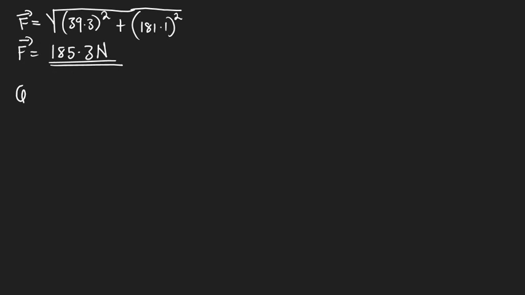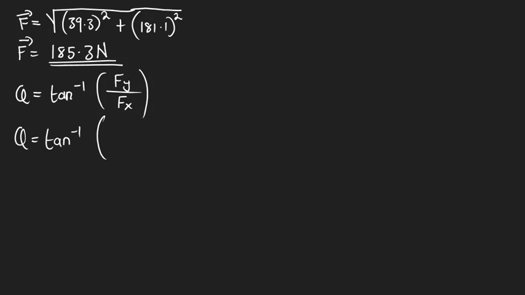To find the angle or direction, we are going to say that theta is going to equal tan inverse of Fy over Fx. Theta is equal to tan inverse of, what is Fy? Fy is 181.1 over Fx is 39.3.